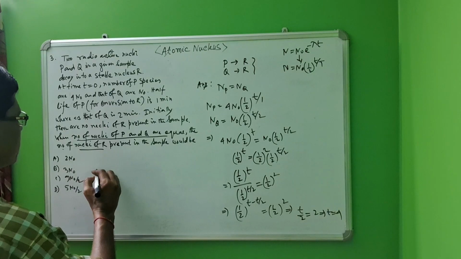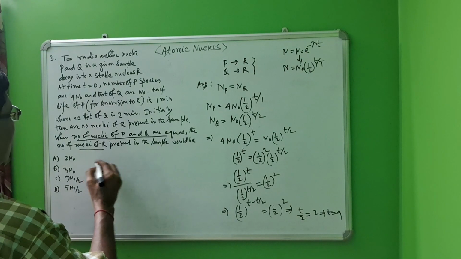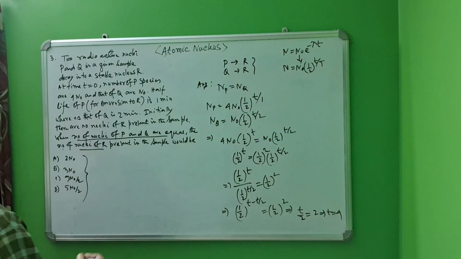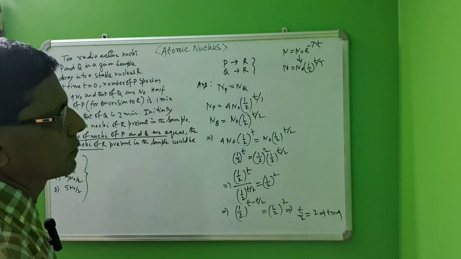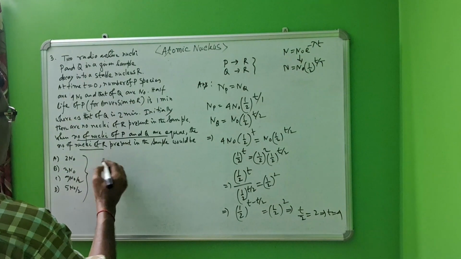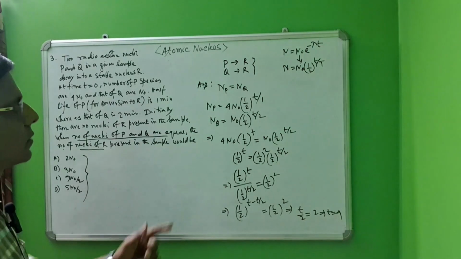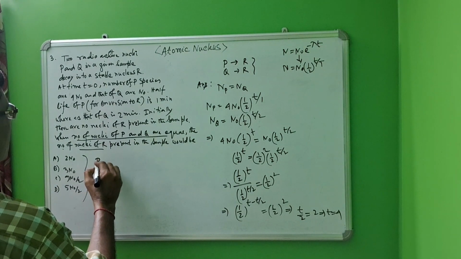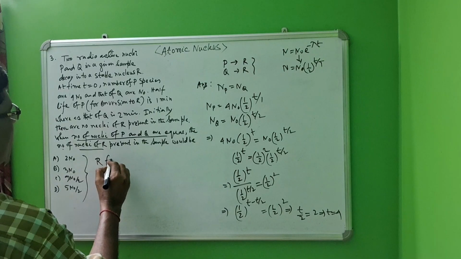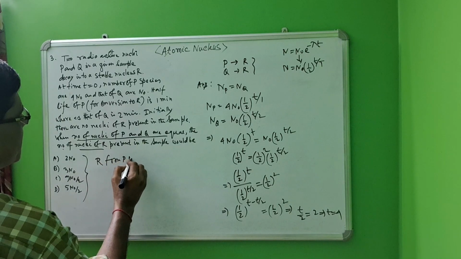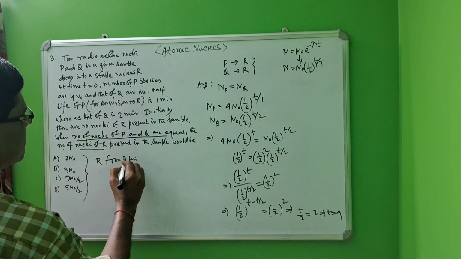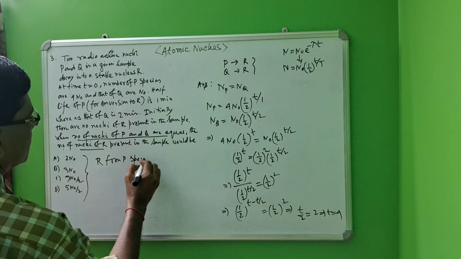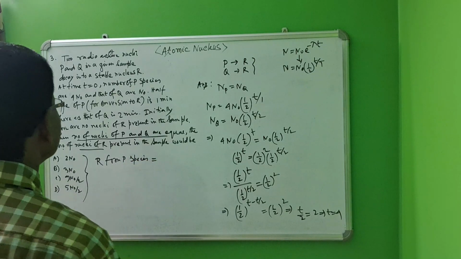Now after 4 minutes, what will be the amount of R from P species?